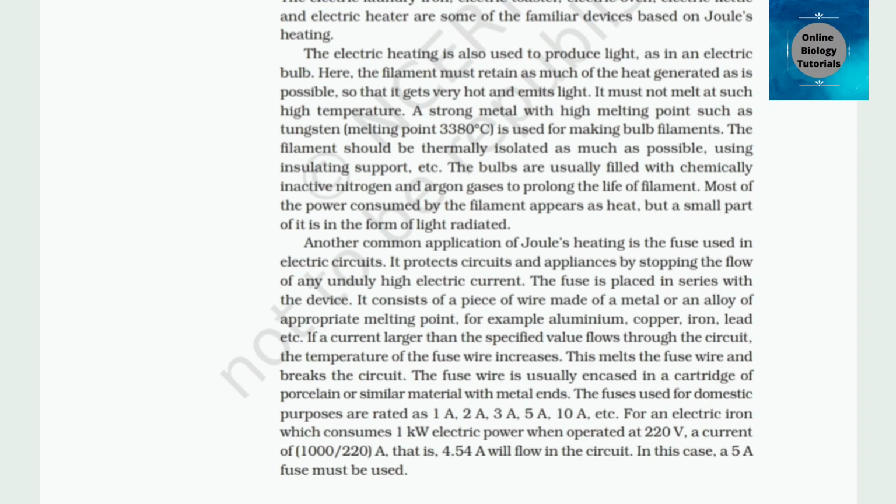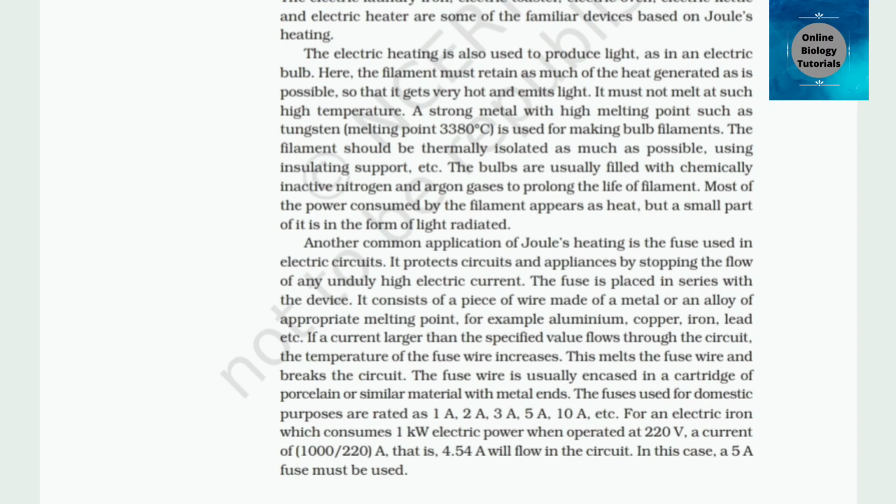The filament should be thermally isolated as much as possible, using insulating support, etc. The bulbs are usually filled with chemically inactive nitrogen and argon gases to prolong the life of the filament. Most of the power consumed by the filament appears as heat, but a small part of it is in the form of light radiated.